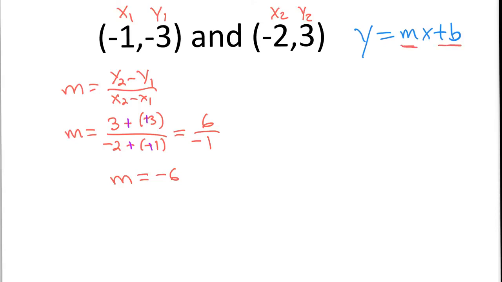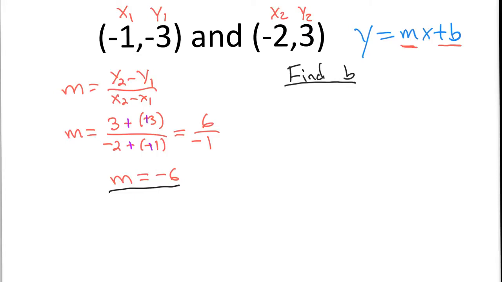So to find b, we are going to use the formula. We are going to use x and y. We're going to substitute the slope, and then we are going to solve for b. So now we are going to find b. When you guys have the slope already, I'm just going to circle the slope right here. This is my slope. I'm going to start substituting into the formula y equals mx plus b.